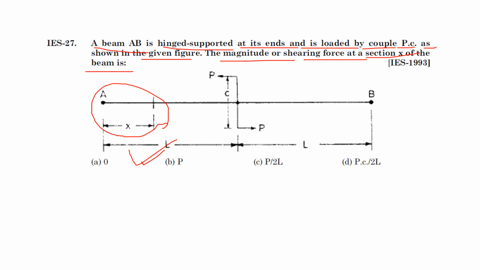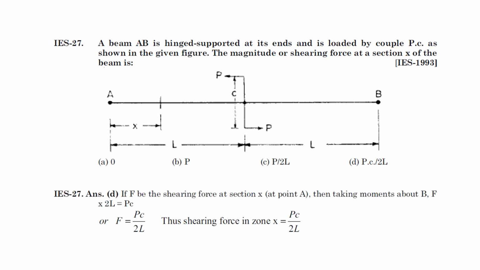What we have to do is take moment about point B. If F is the shearing force in this section, let's say F is the shear force acting in this section, so you take moment about this point.